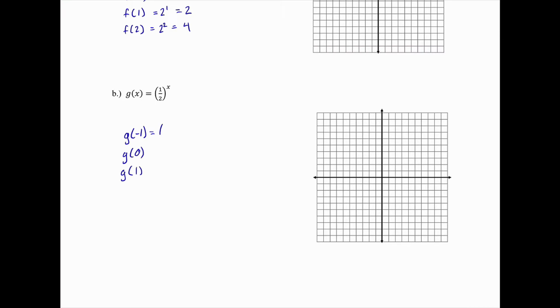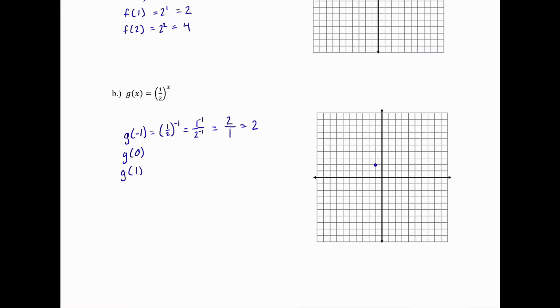So that is going to give me 1/2 to the negative 1. Properties of exponents say the exponent affects the numerator and the denominator separately, which means the 1 is going to go to the denominator, the 2 is going to come up to the numerator, so we have just the value of 2 when x is negative 1.